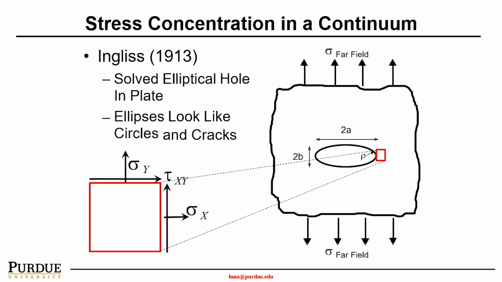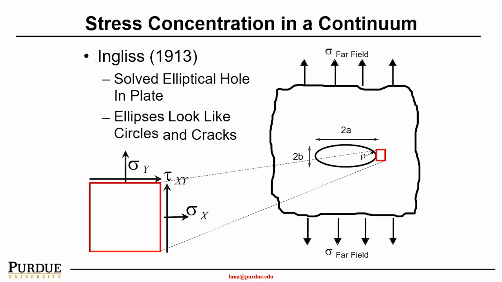To study the material behavior under a loading condition when the material has a pre-existing crack, in 1913 Inglis proposed a method to solve this by looking at an elliptical hole in an infinite plate.